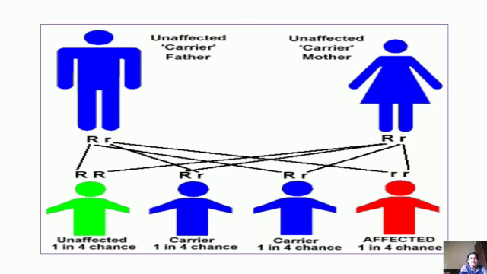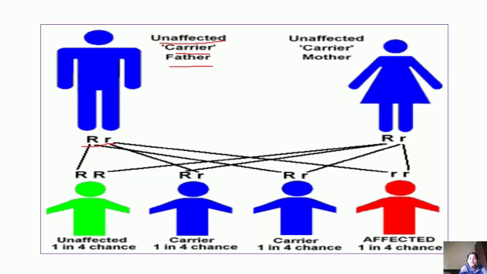So here it is an unaffected carrier father. That means the father is a carrier, so he is only carrying one small r, and then one capital R. Capital R is not responsible for thalassemia.